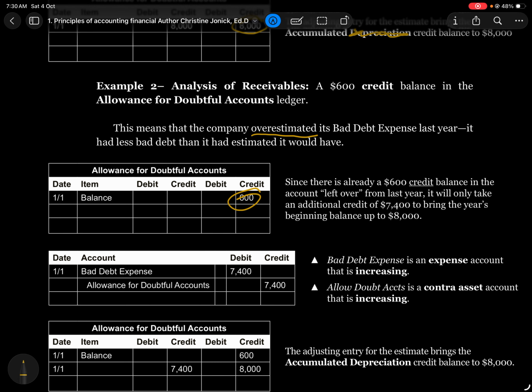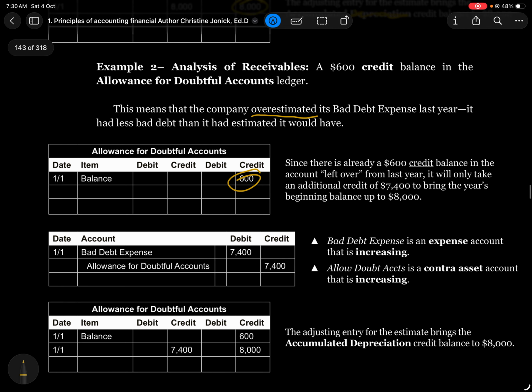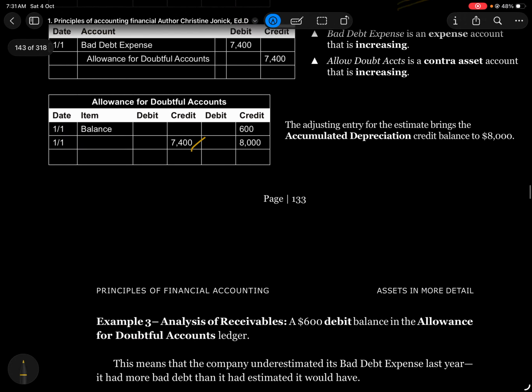It would be there, right? So 600 credit is already left over, right? So it would only take an additional 7,400 to bring the balance to 8,000, right? So if we are assuming that it would be 8,000 for the year, we would just simply use 7,400, okay?